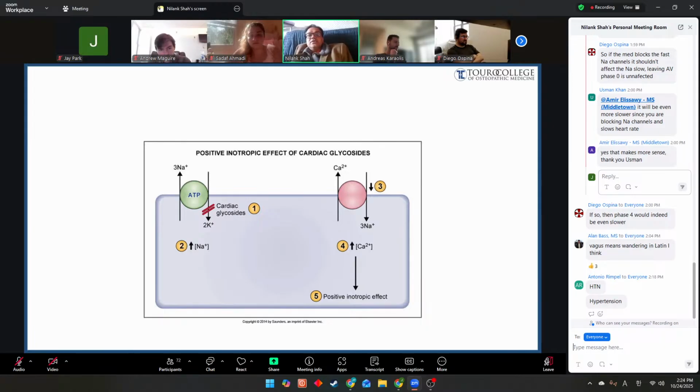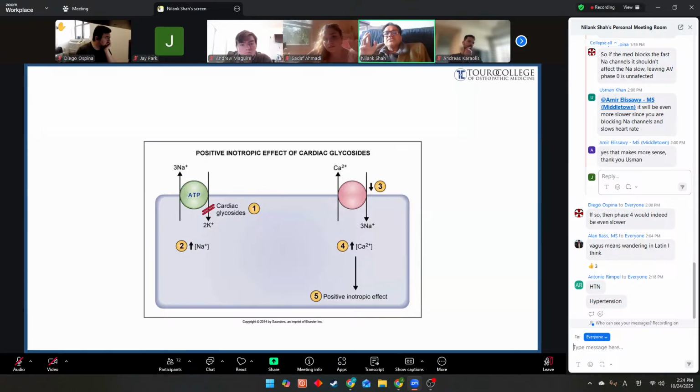Cardiac glycosides, digitalis or digoxin, will increase the force of contraction. It's a cardiotonic drug that we prescribe. We used to prescribe it, we still prescribe it, but now we don't prescribe that much because it has a very narrow therapeutic index. We talked about that in pharmacology earlier. Cardiac glycoside is not safe to use because it has a very narrow margin of safety.